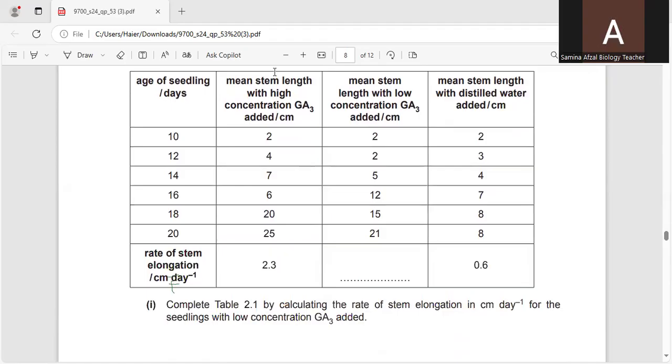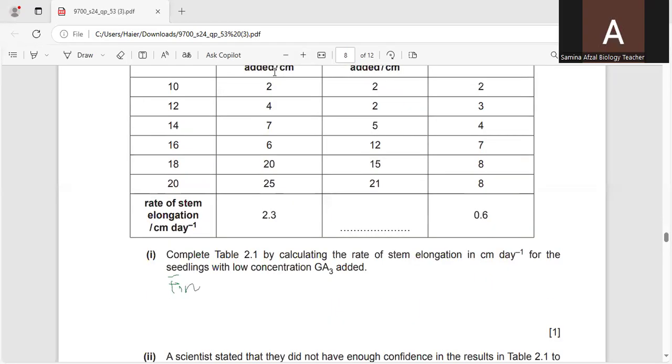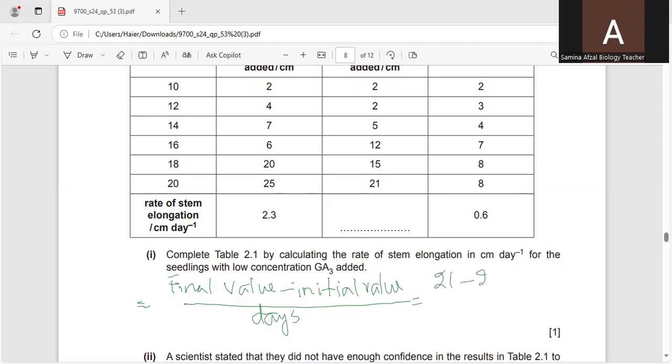So we take the final value minus the initial value, divided by days. The final value is 21 and the initial value is 2.